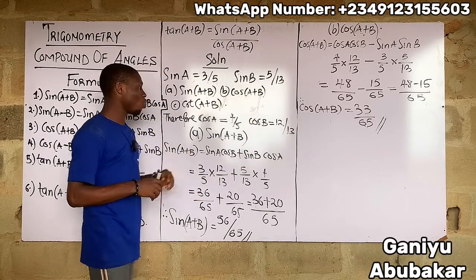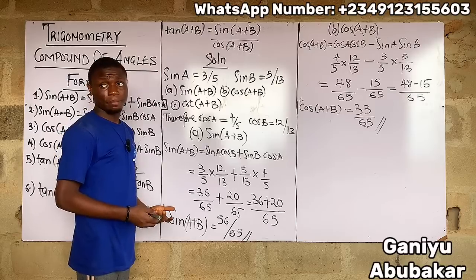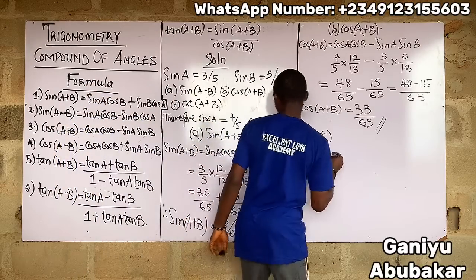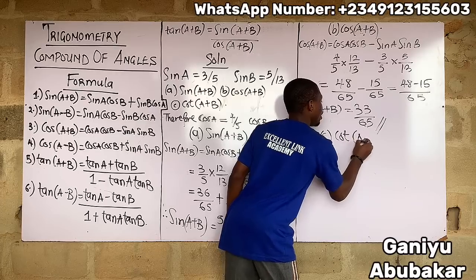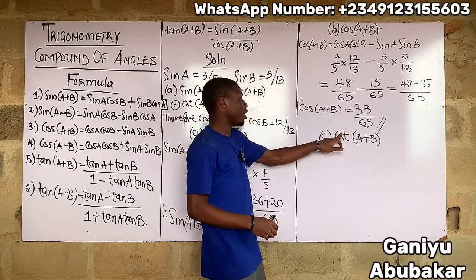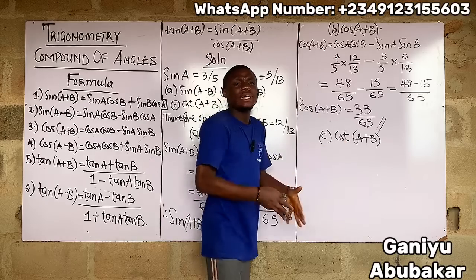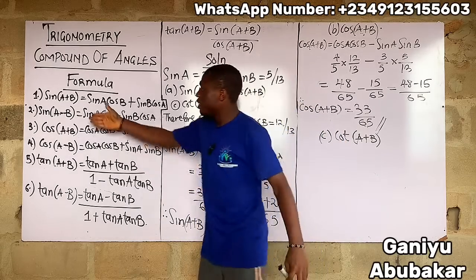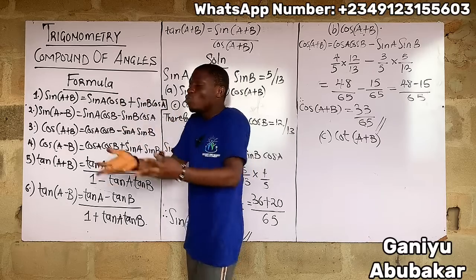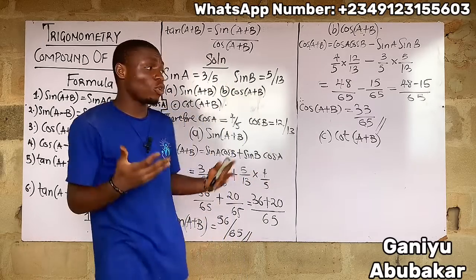Let's do the last one, cot A plus B. So let's do C. For C, I have cot A plus B. Actually, I didn't give you the expression for cot A plus B. But mind you, we can still get it.